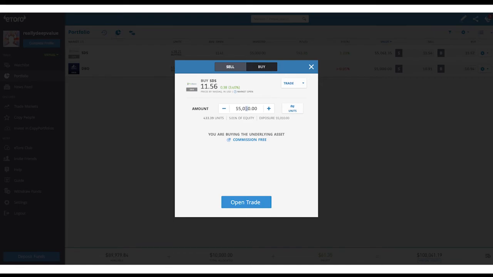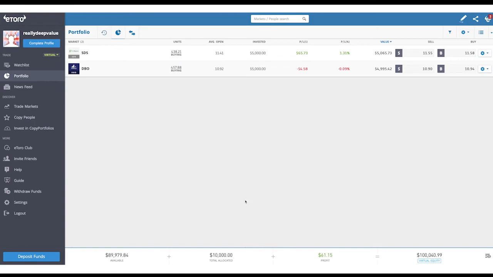Let's say we could add another 5,000. We're going to take it at the market price. There we are, buy SDS position opened. And now you see it's changed from 5,000 to 10,000.